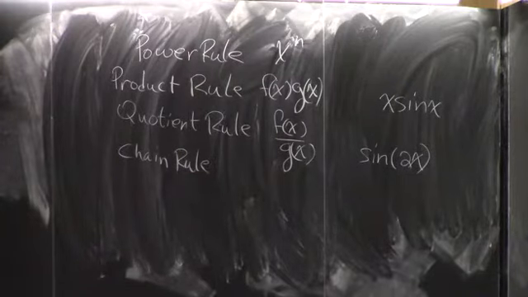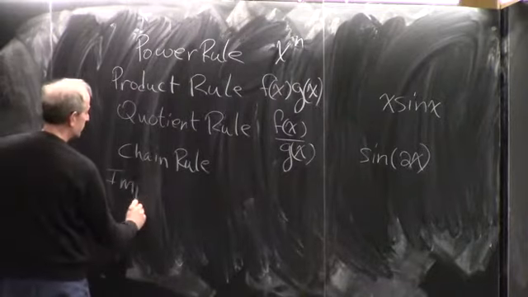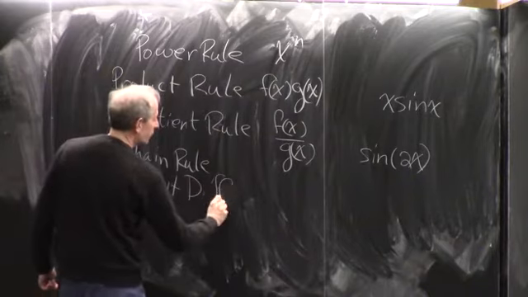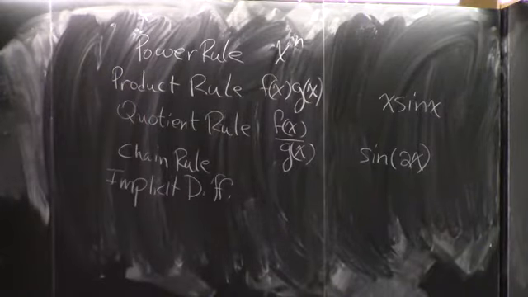Okay, that's the chain rule. And then you need to be able to do implicit differentiation. How will you know that you need to do implicit differentiation? You won't have y equals something, or f of x equals something. You'll have x's and y's mixed together in the problem, and you won't be able to just extract y.